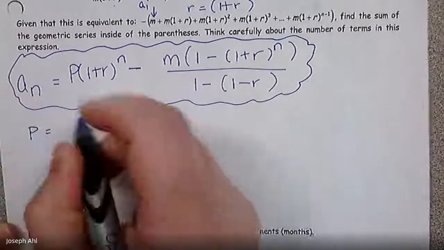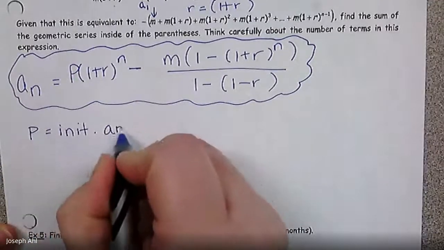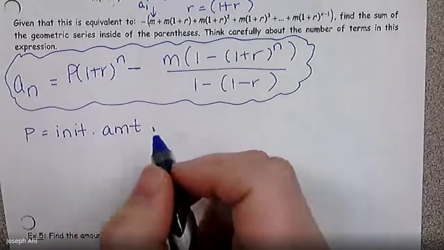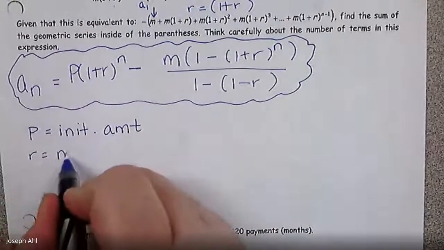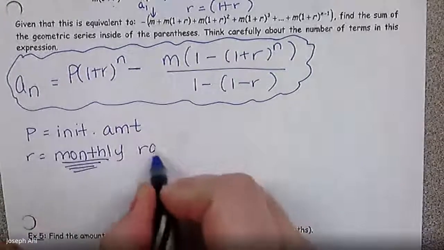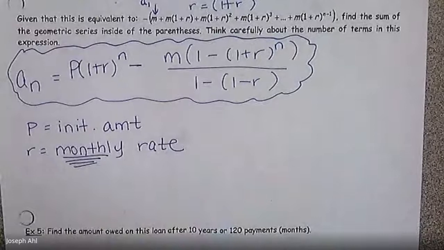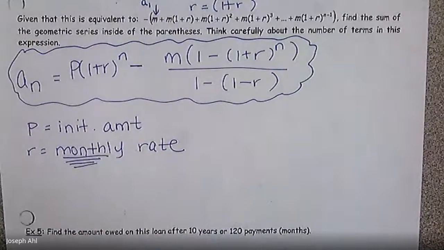As a reminder, capital P stands for the principal, which is the initial amount. It's what you borrow from the bank to start. R is the monthly interest rate. I underline monthly a few times because it will always be given as an annual rate, like 4% each year.